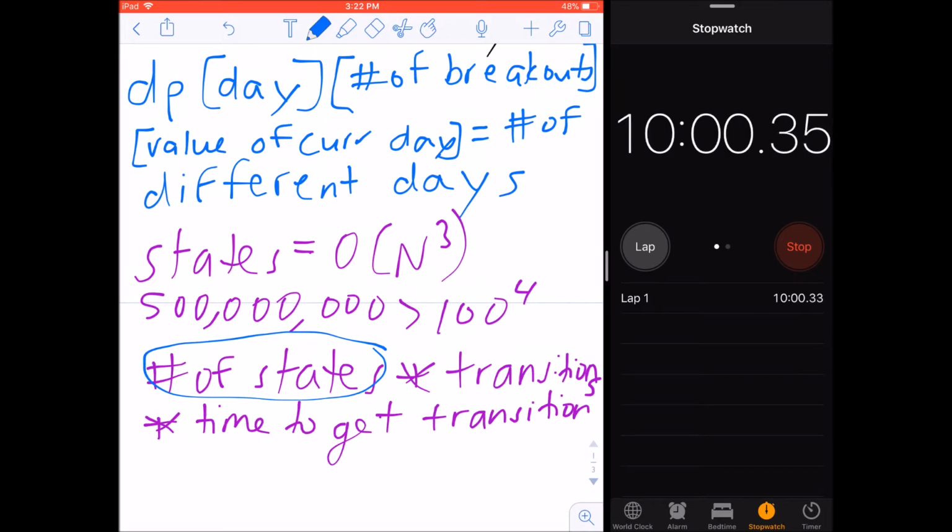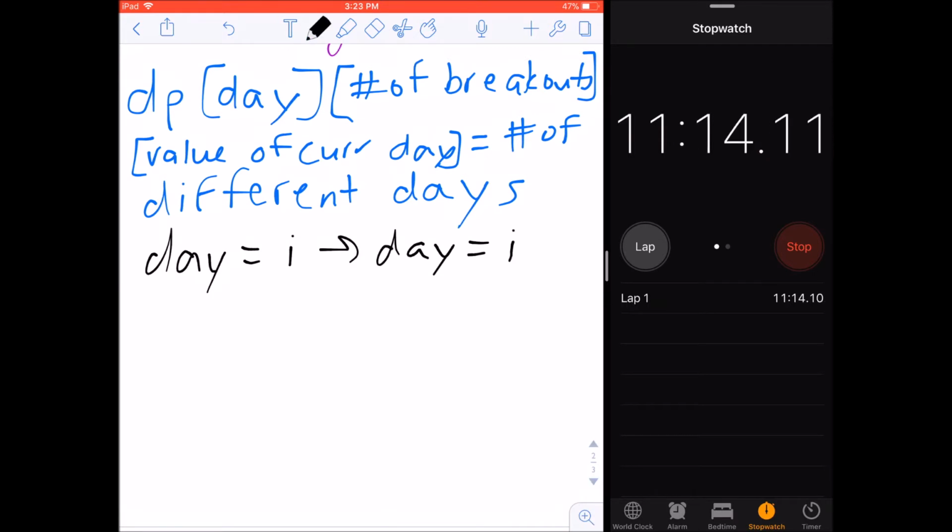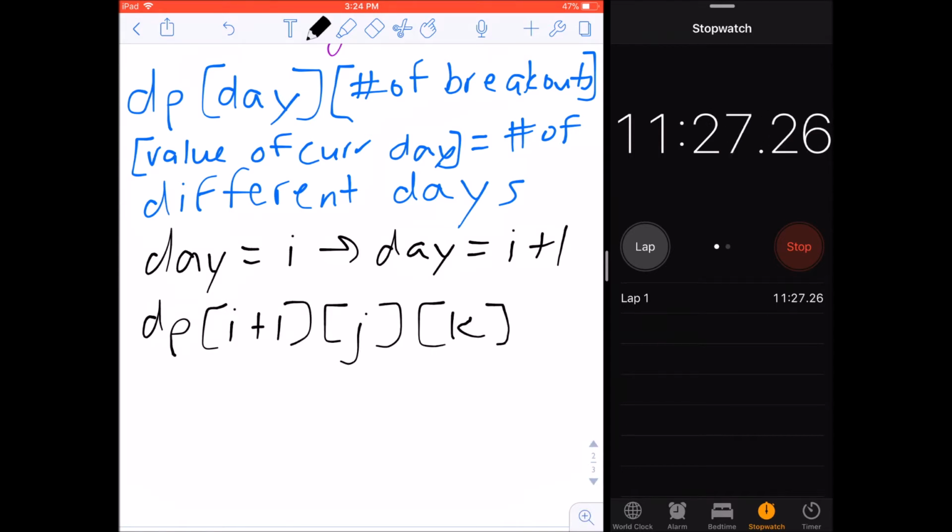How do we go from day equals I to day equals I plus 1? Assuming we've solved everything from day equals I. Actually, let's make this that we're going from day equals I minus 1 to day equals I. Okay, so we're looking at dp I j k.